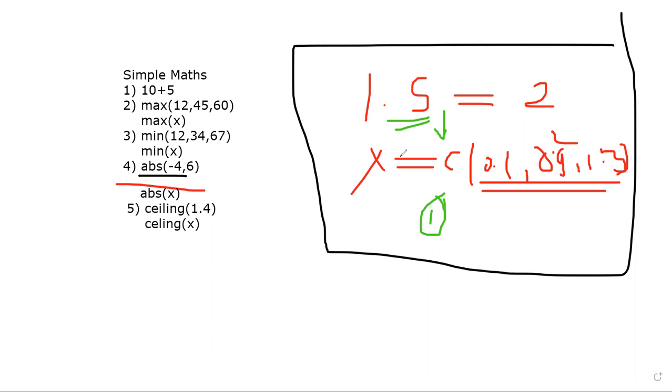For that we have another function, and that is floor. Floor of 1.5 will round this value downward to the nearest whole number.